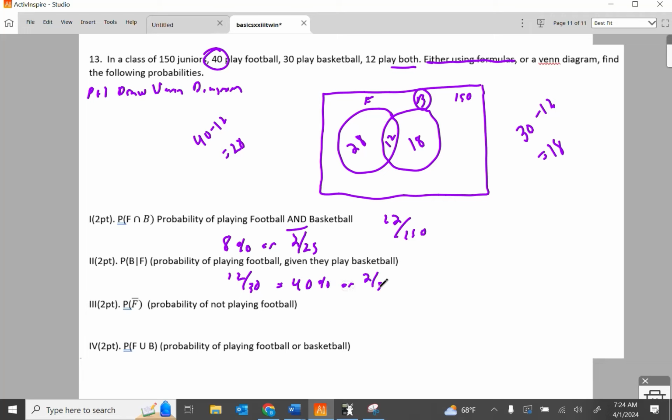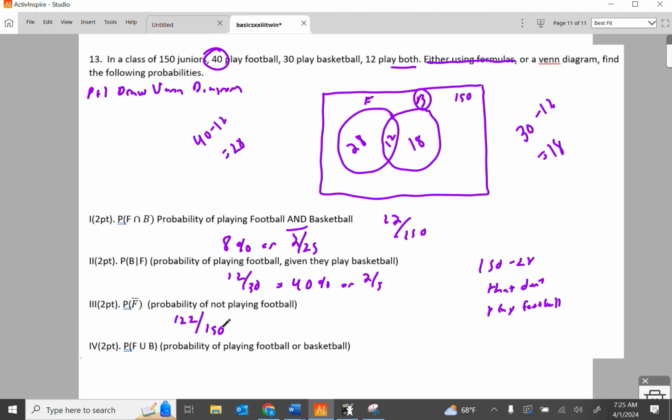All right, probability of not F, the probability of not playing football. Well, there was 150 total children. Only 28 play football, right? So that means there's 150 minus 28 that don't play football. That's 122.